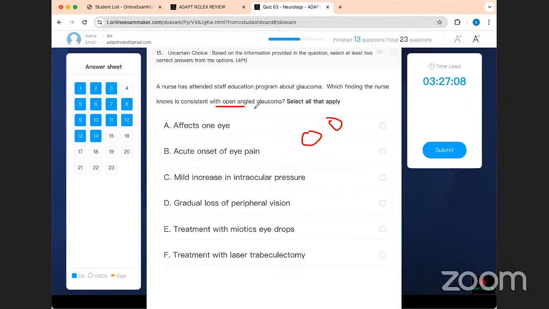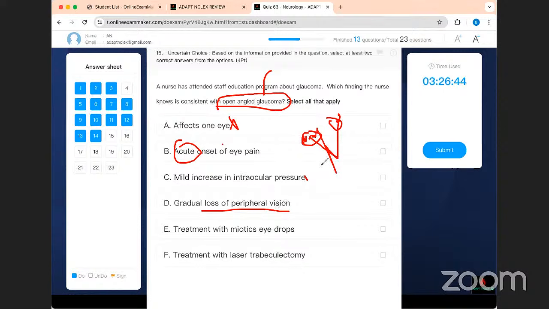Anybody who comes to the clinic with glaucoma most of the time has open angle glaucoma. Both of the eyes are affected. It's not acute onset, it's a gradual onset of loss of peripheral vision. So you get tunnel vision, right in the middle. That's what you can see.